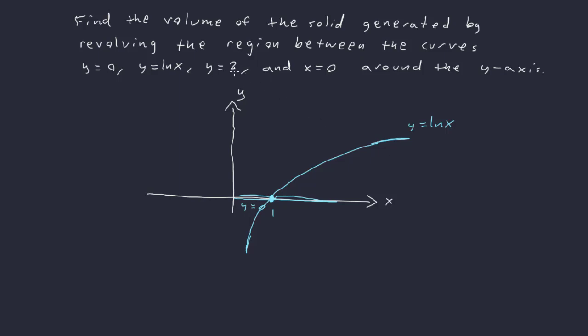Then we have y equals 2. So I'm going to put that right here just so I get a good intersection. Let's try that again. Okay, so here's y equals 2. And then x equals 0. Well, x equals 0 is this vertical line here.